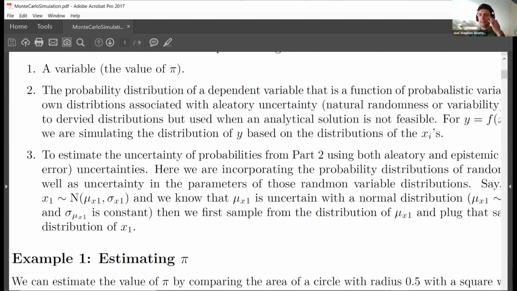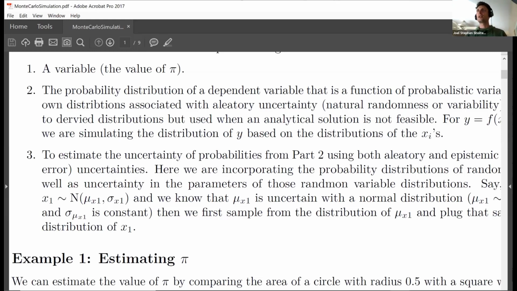So we can estimate pi by simulating random points of x, y within the bounds of 0 to 1. So x can be between 0 and 1, y can be between 0 and 1.